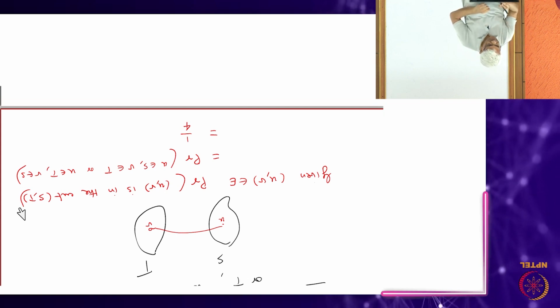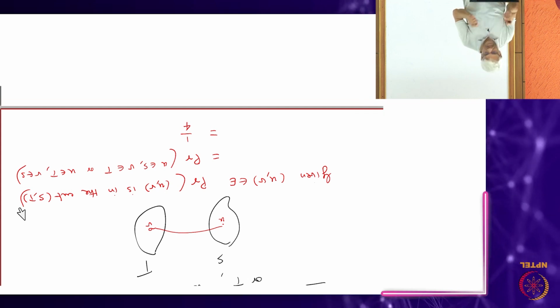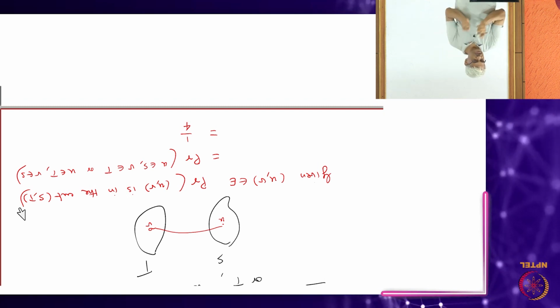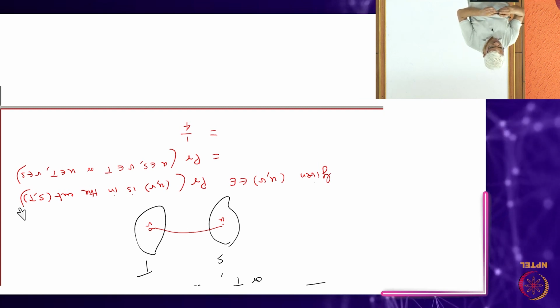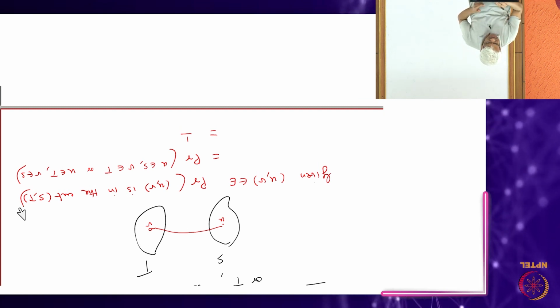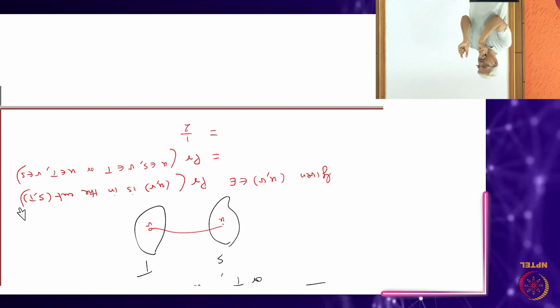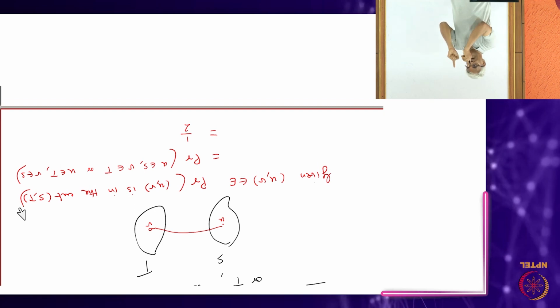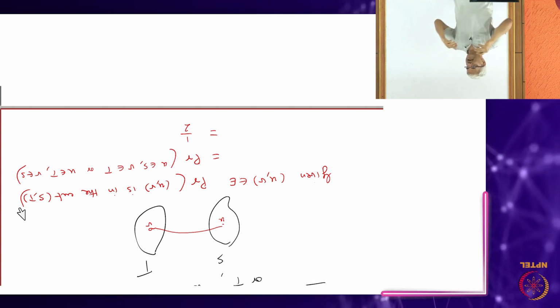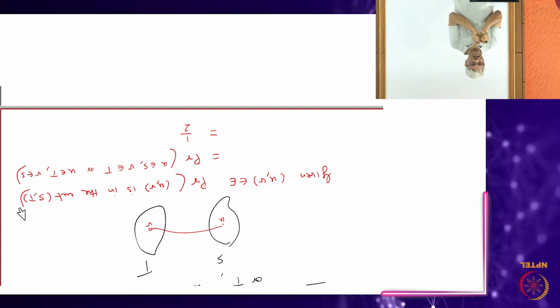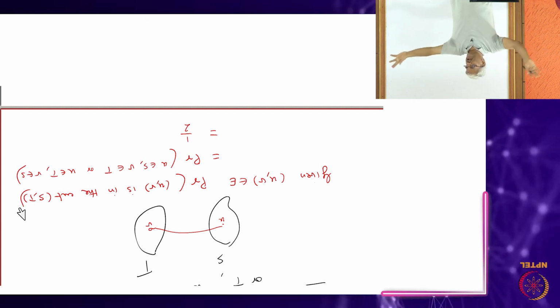So, u in S, v in T is 1 over 4. Sorry, so it's half, right? Yeah, why is it 1 over 4? Let's be very careful. U in S, v in T. I am assuming that these coin tosses are independent. But if you look carefully, I don't need full independence.